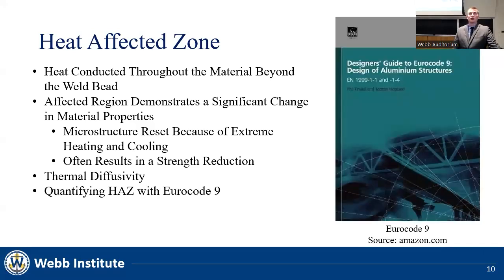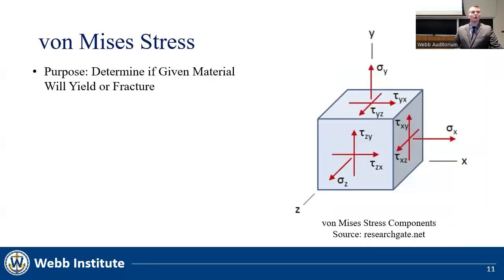Eurocode 9 can be used to quantify the heat-affected zone, as it offers information on the extents, area, and properties in this region. For example, information is offered on the boundary of the heat-affected zone in terms of material thickness and weld method. Von Mises stress will be used during our finite element analysis, and the purpose of using this stress is to determine if a material will yield or fracture.